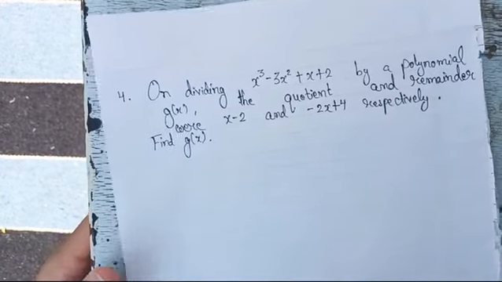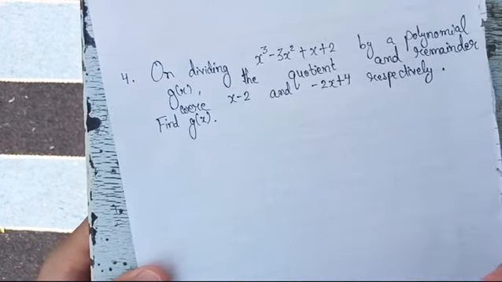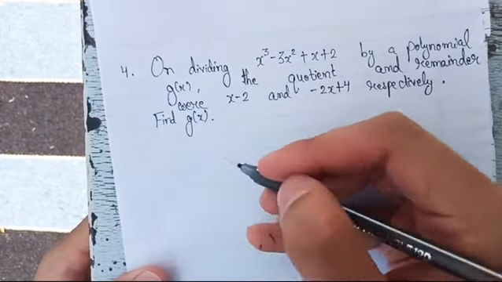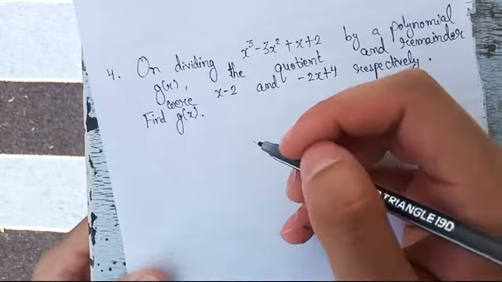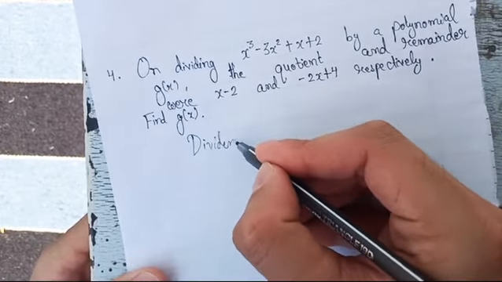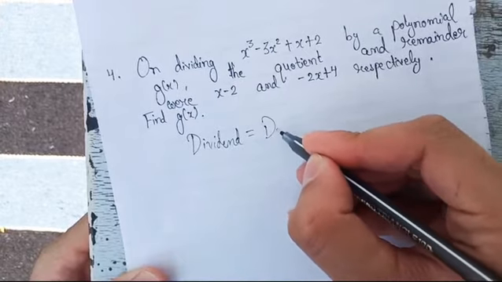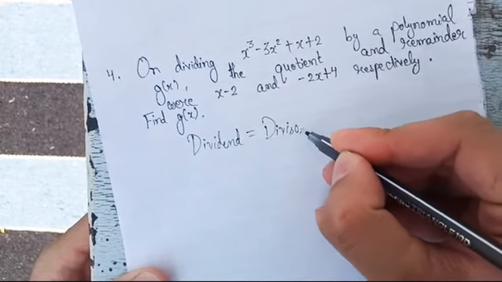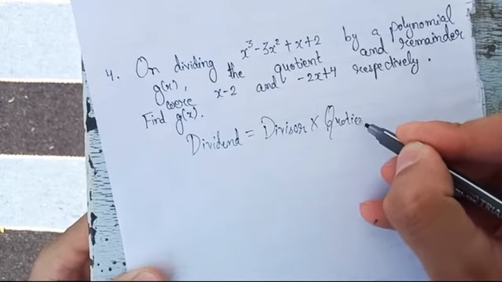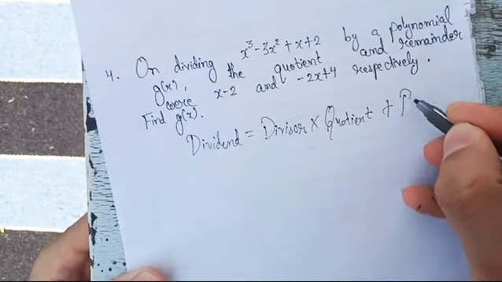So in this question we will use this formula. Remember the formula. Usually we write it like this: dividend is equal to divisor into quotient plus remainder.